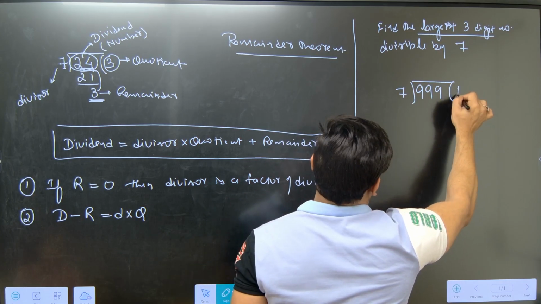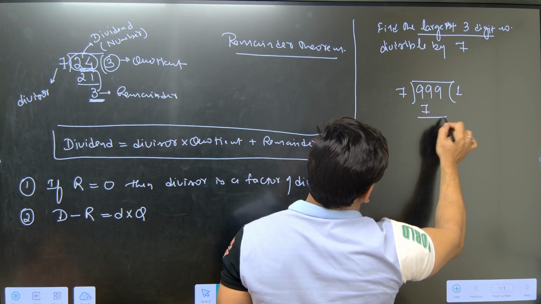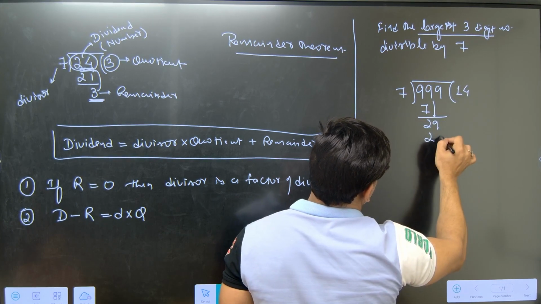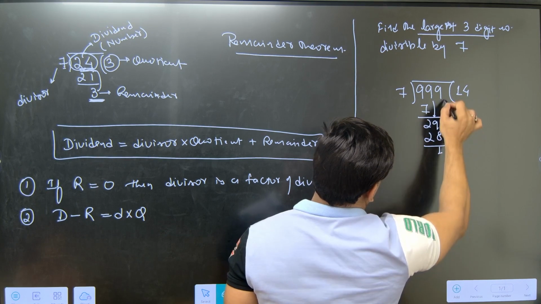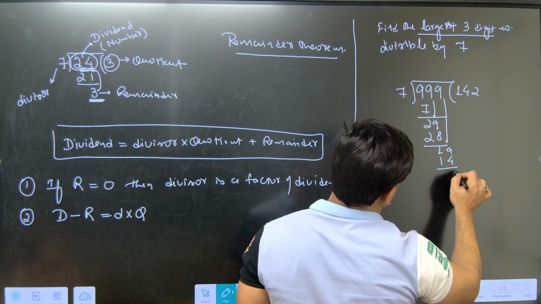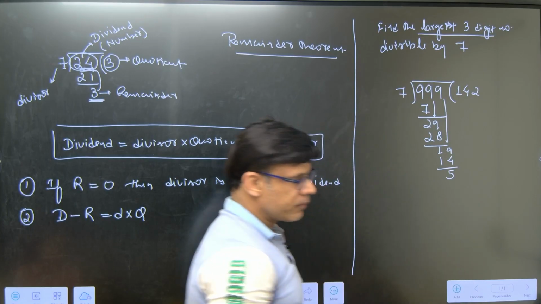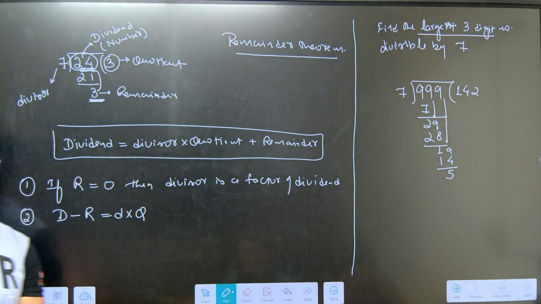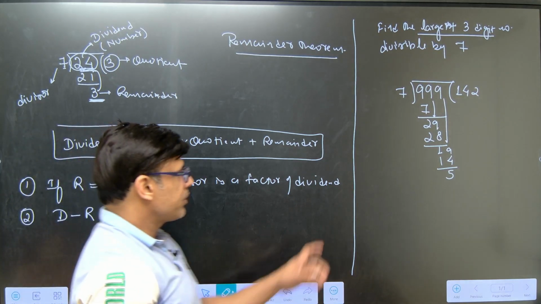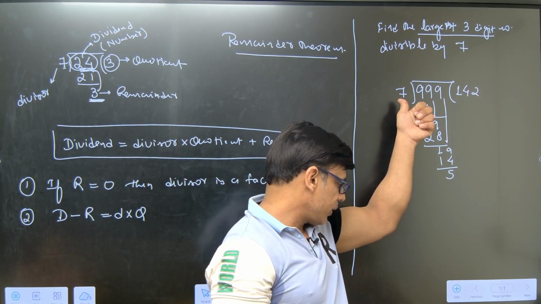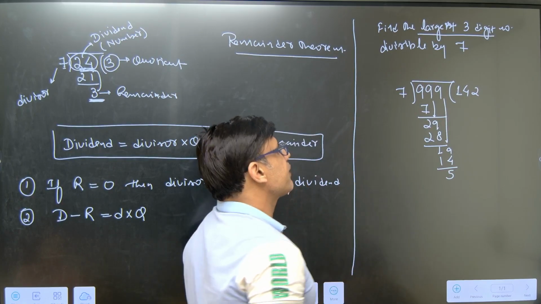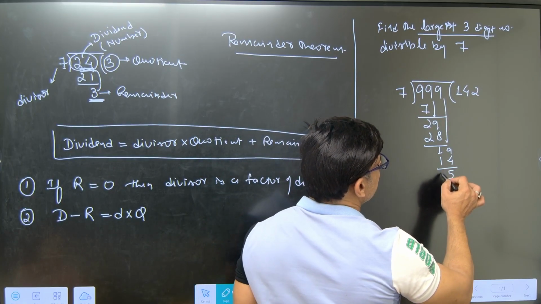Keep dividing. 7 ones are 7, 2, bring 9 down, 7 fours are 28, again 1, bring 9 down, 7 twos are 14, remainder is 5. So this number 999 is definitely not divisible by 7, because there is a remainder 5.